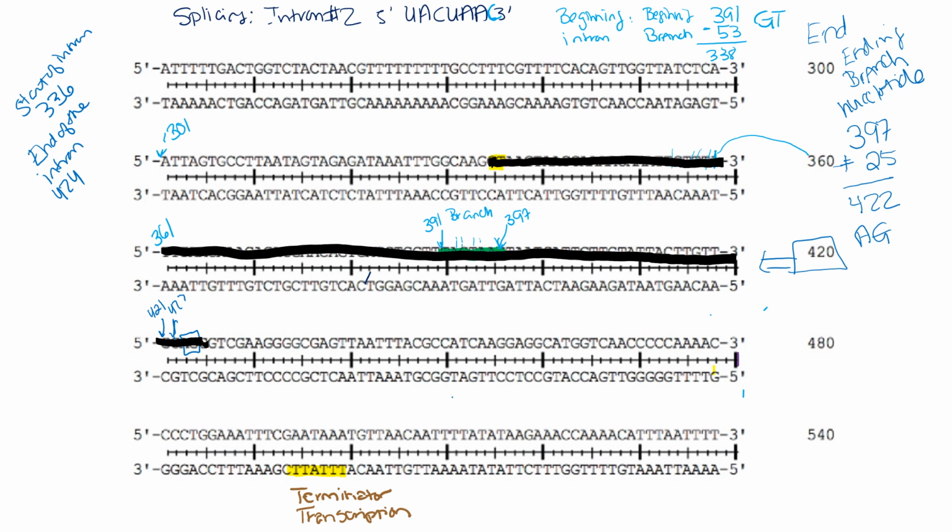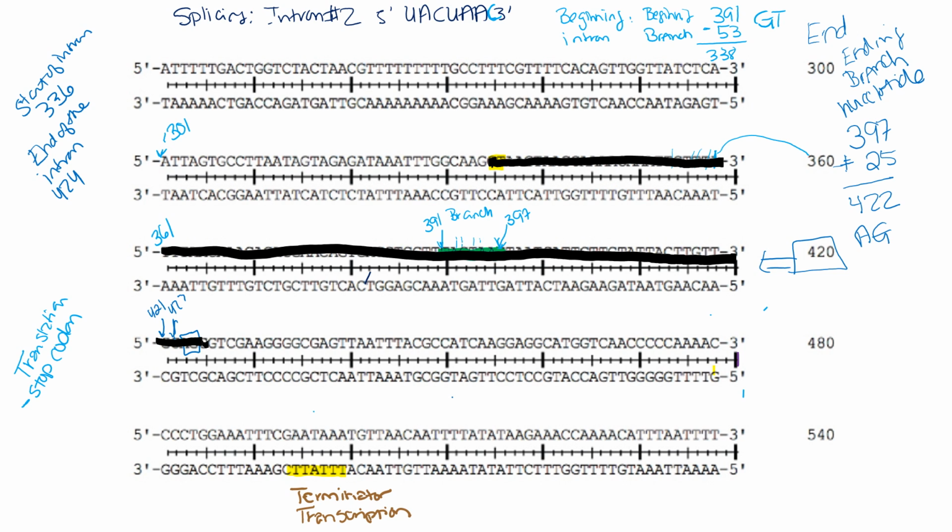And so how do we know when to stop? With translation, the way that you know to stop is you hit a stop codon. So you're going to keep translating these components in your big picture until you hit a stop codon.